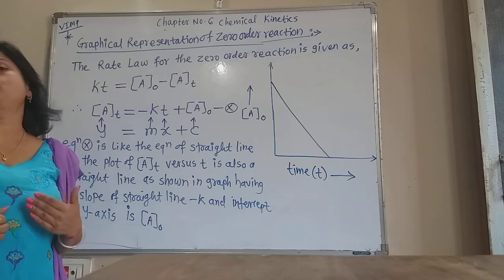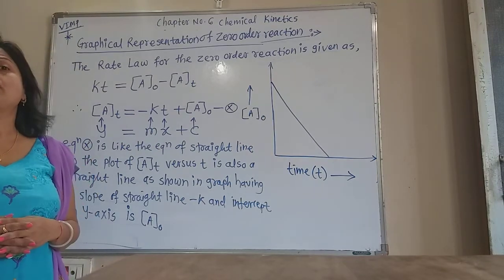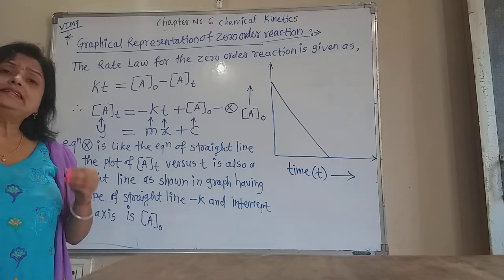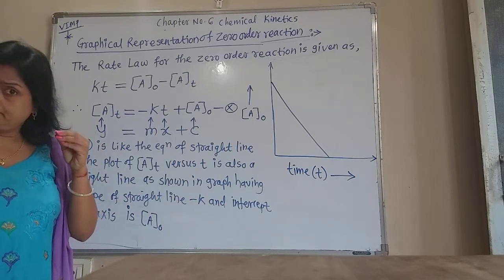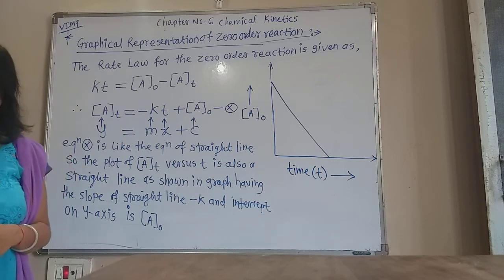The decomposition of nitrous oxide on the platinum surface is also a zero order reaction, because only those nitrous oxide molecules get decomposed which are present on the platinum surface, as in the decomposition of ammonia.